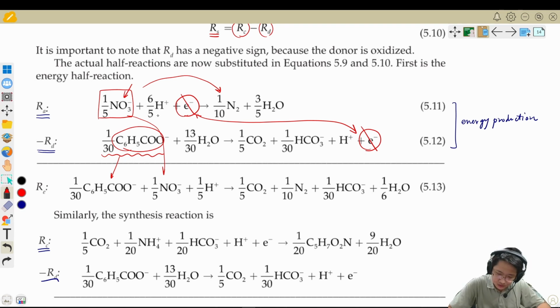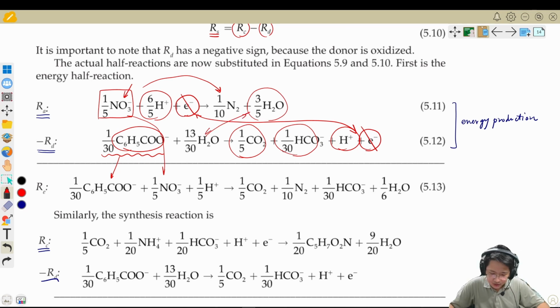So balancing the proton together, and also the other parts like the CO2, bicarbonate, and the H2O. You have to combine these two things together, so you will get the final energy production chemical reaction.